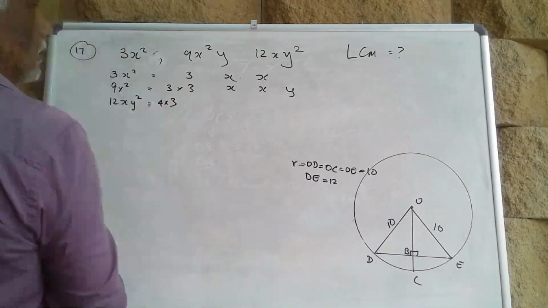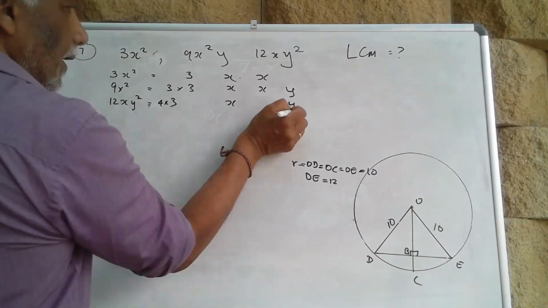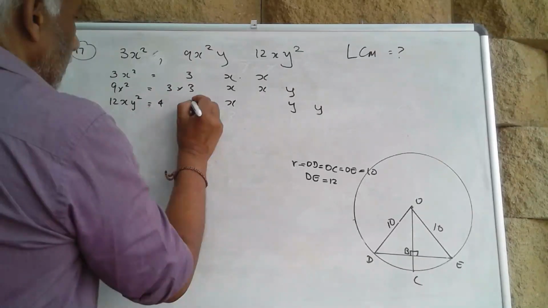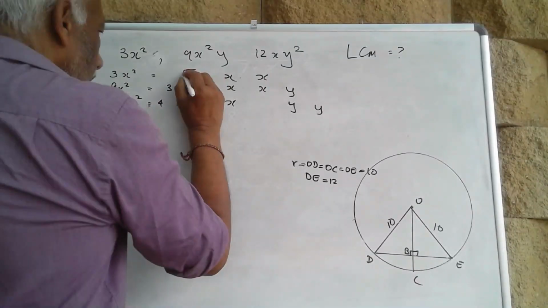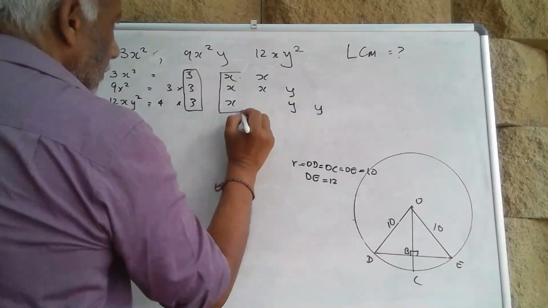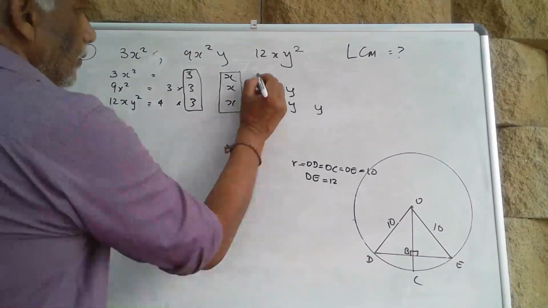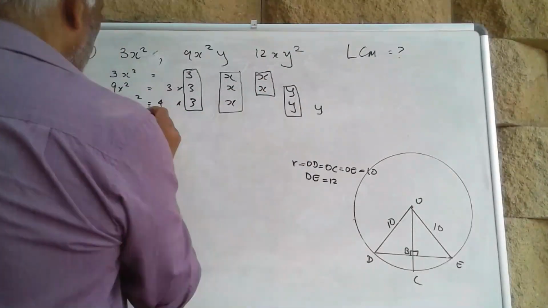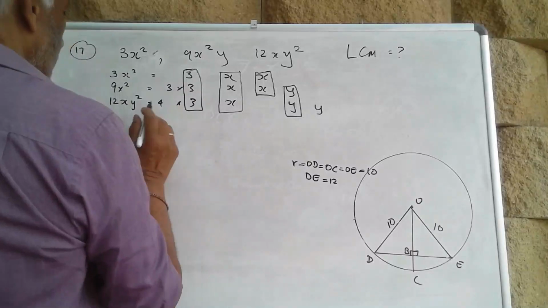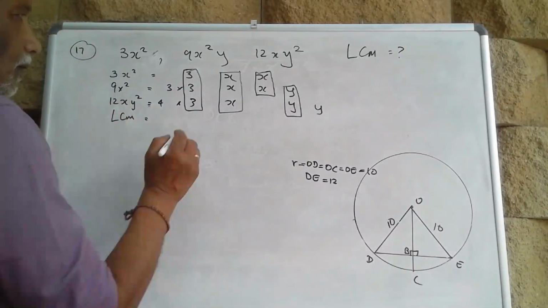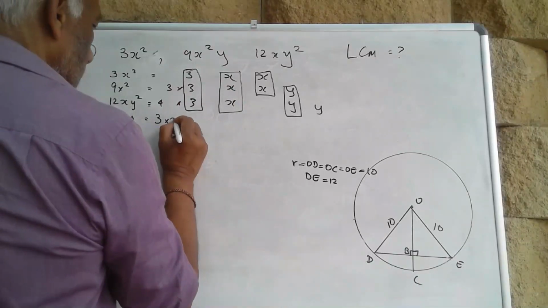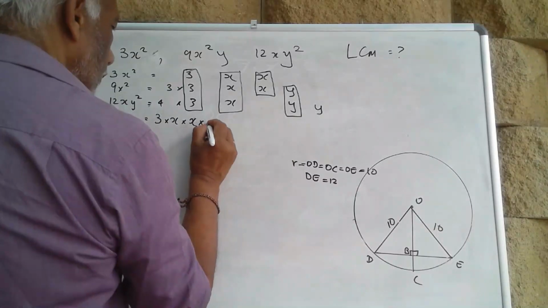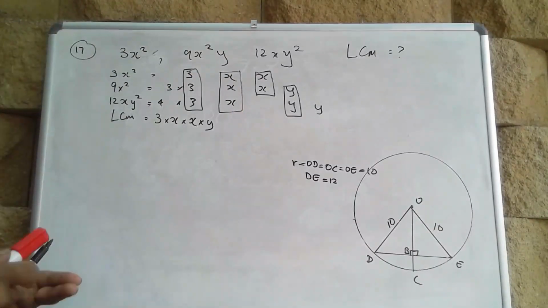Now we take as many common ones as we can. So we can put this one here, 3 here, and we can do 1 here, another one here, another one here, and another one here. So we write first all the common ones. LCM is equal to 3, x, and y. So that one is gone, this gone.